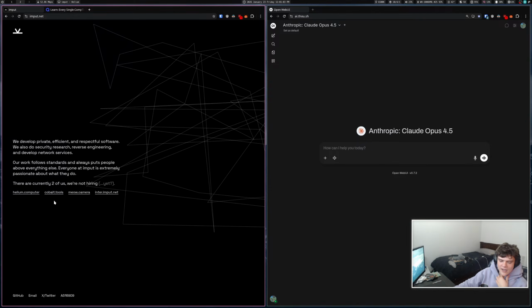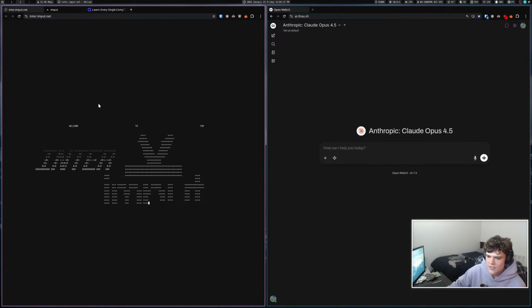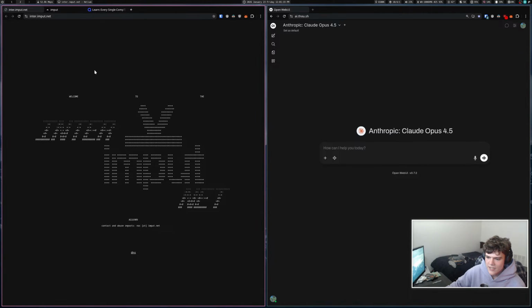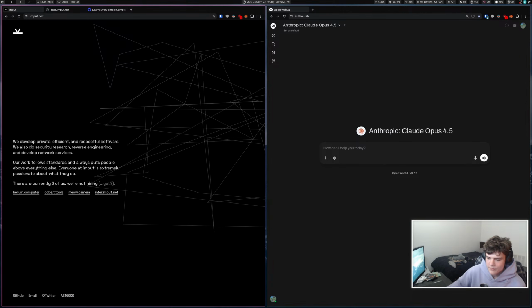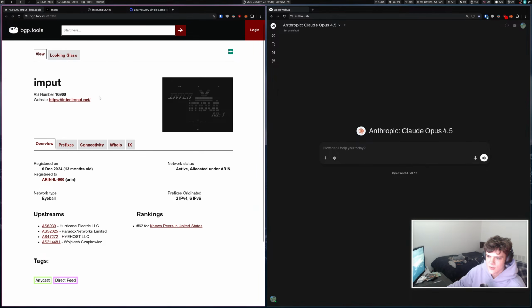I was learning about BGP, and I just put two and two together. They have their own BGP autonomous system. Like, look, I didn't know what this was, InputNet, right? But you look at this, it's totally a link to their autonomous system.